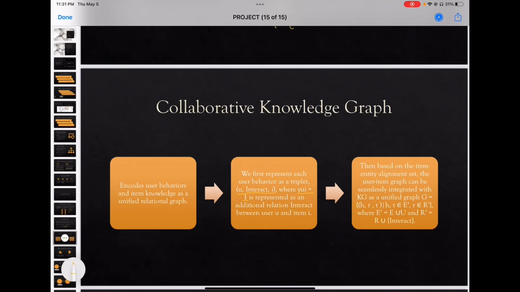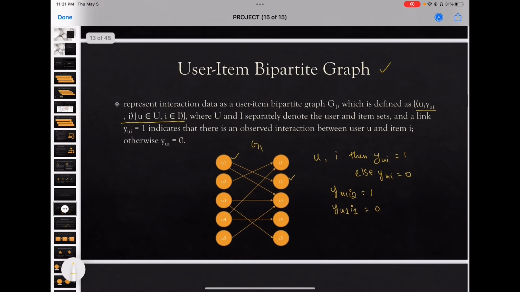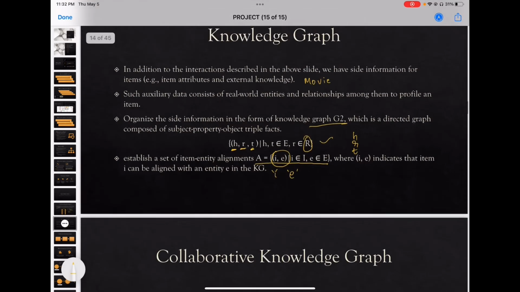So essentially what we are doing is uniting G1 and G2 into a single graph G. G1 which we have seen here and G2 which we have here.